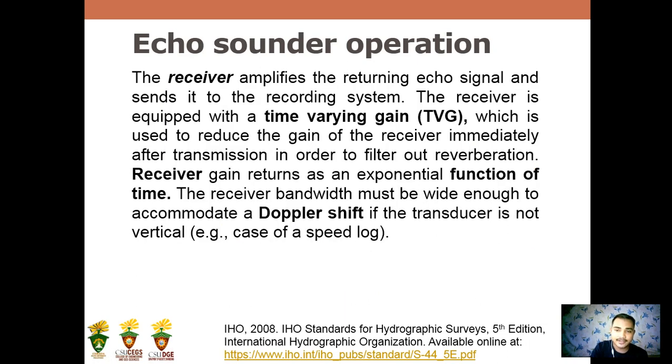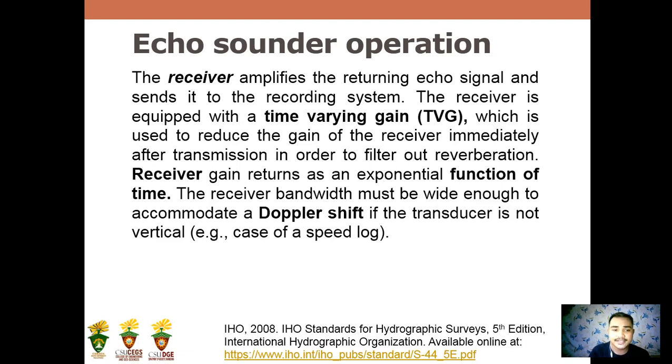Next is the receiver. So the receiver is the one who amplifies the returning echo or signal and sends it to the recording system. So once again, as we discussed earlier, once the signal is transmitted by the transducer and it receives the echo back, the transducer passes it into the receiver to amplify those returning echoes.